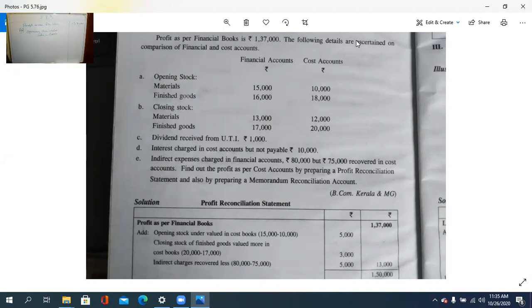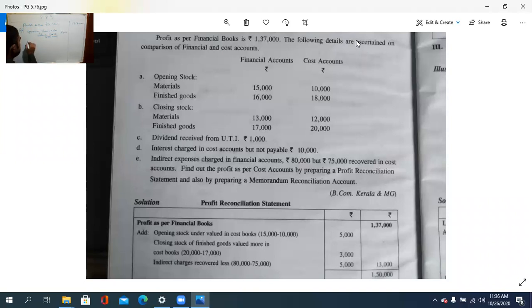15,000 financial, cost 10,000. So 15,000 minus 10,000, so 5,000. Then what is the next step? Closing stock of finished goods, material 13 and 12 is there, and also finished goods.